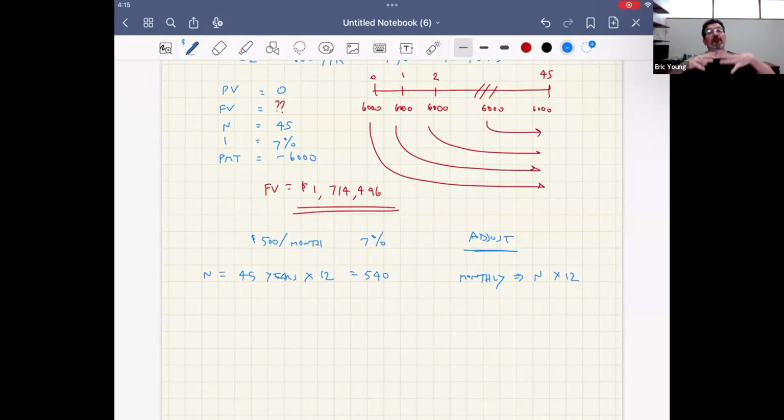Now, if we're going to inflate the N and adjust that up, then we have to deflate the I, because remember, the I was the APR and the A was annual. So to get the I, we have to take the APR and divide it by 12.